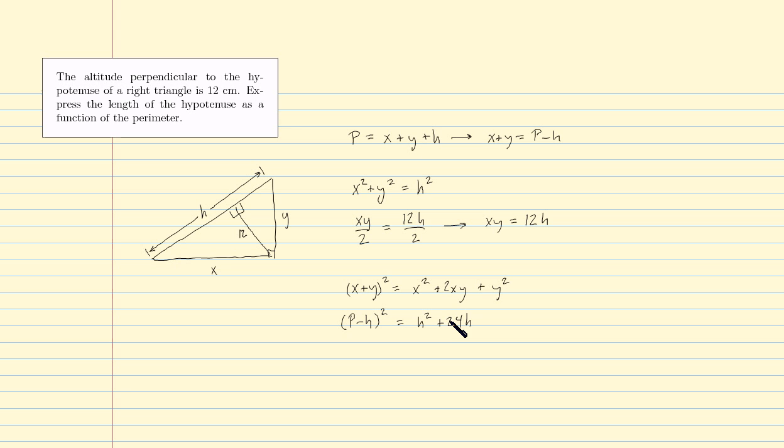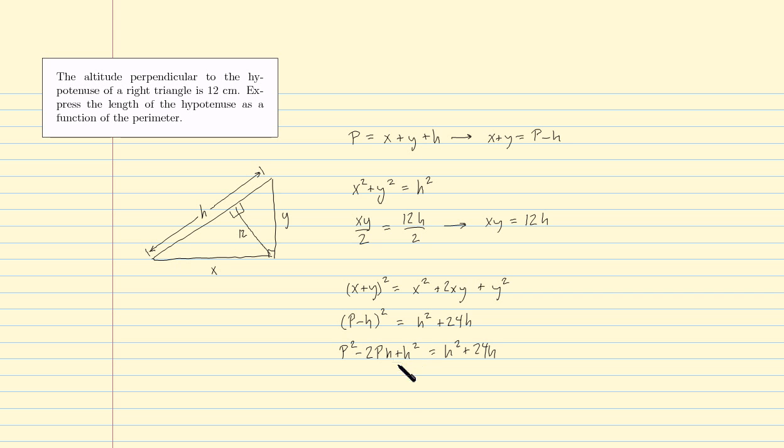We have an equation, hence a relationship, in terms of only the perimeter and the hypotenuse. If we want to express the hypotenuse as a function of the perimeter, that means we need to solve for the hypotenuse. Okay, so let's proceed. Let's expand this out. This is p squared minus 2ph plus h squared equals h squared plus 24h.